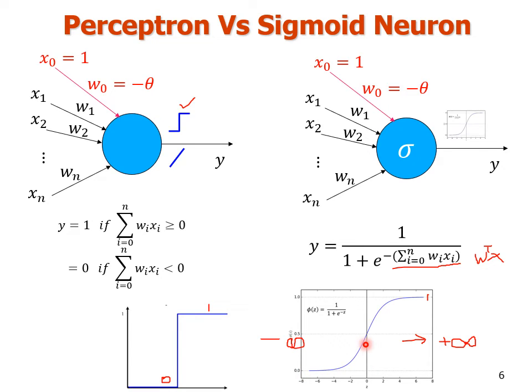And of course we can interpret this sigmoid function in some other way also, in terms of probability.